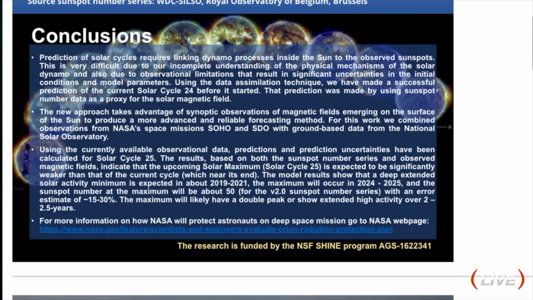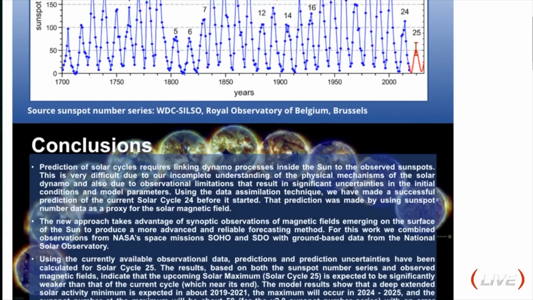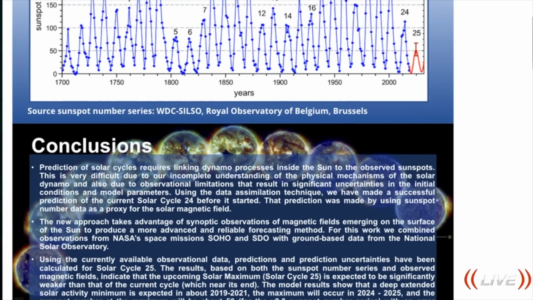To end on this, the fact that they're saying this is going to be significantly weaker, the maximum will be about 50, and that could be 15 to 30% higher or lower. A lot higher than what we saw in solar cycle 25, well over 100.